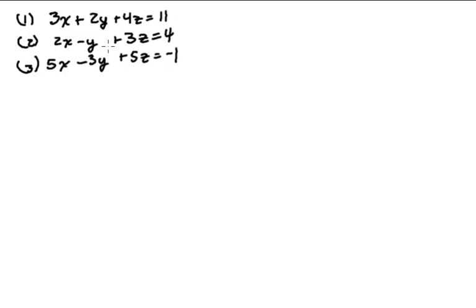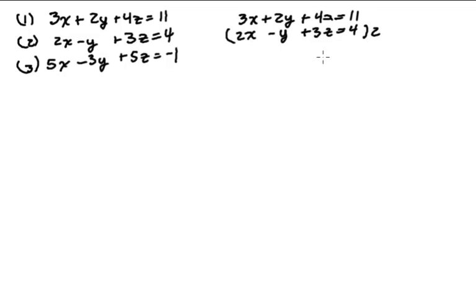And I'll start with equations 1 and 2, and I'm going to eliminate one of the variables from equations 1 and 2. So I'll have 3x plus 2y plus 4z equals 11, and 2x minus y plus 3z equals 4. Looking at these two equations, it looks like it's easiest to eliminate the y if I multiply this bottom equation 2 by 2.